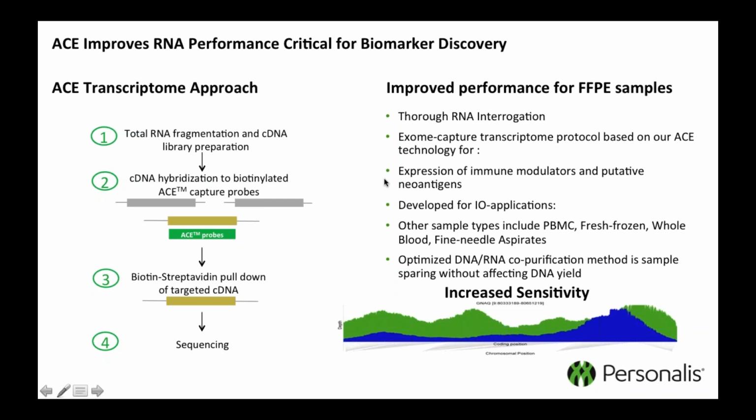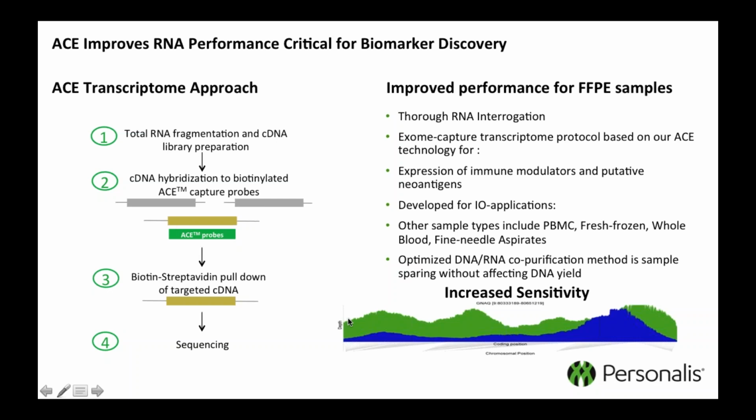So methods such as an exome capture enrichment, like the ACE cancer transcriptome, can allow you to overcome these limitations. It allows you to work with a more degraded sample starting material. In our approach, we use our optimized ACE probes targeting the exonic region, so multiple ACE probes across the gene with our optimized chemistry to enrich for the messenger RNA.